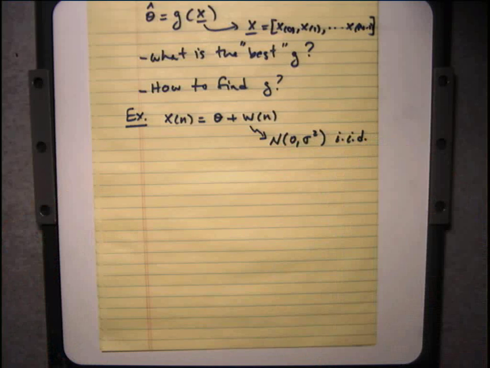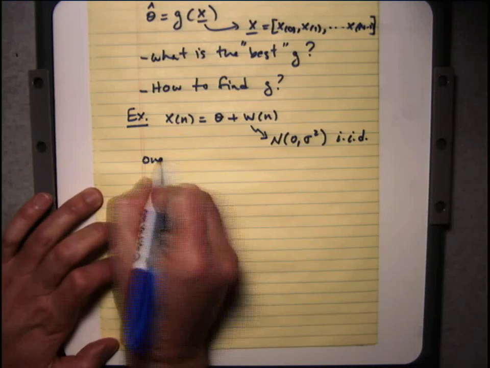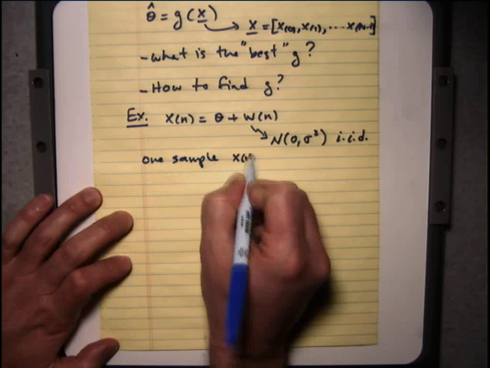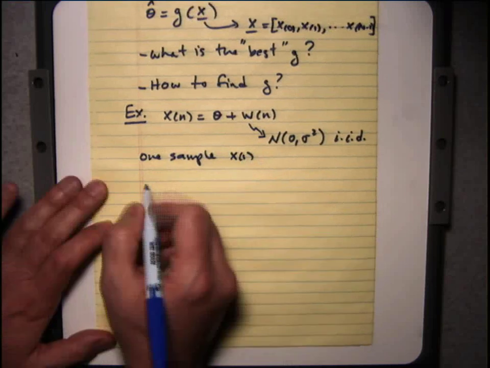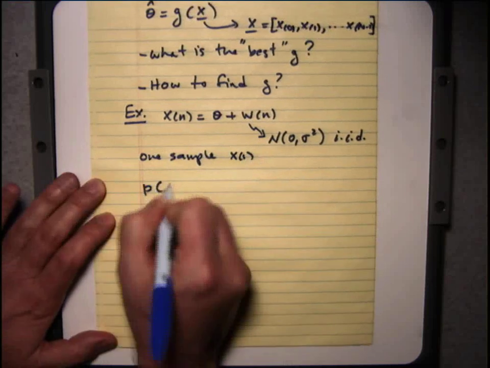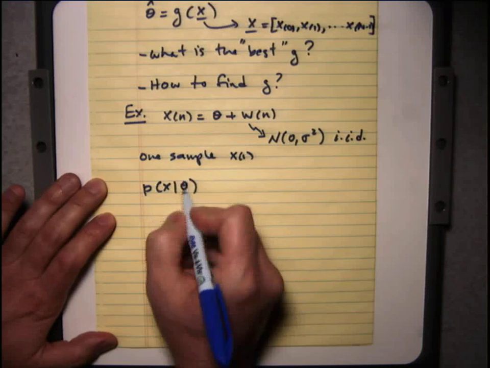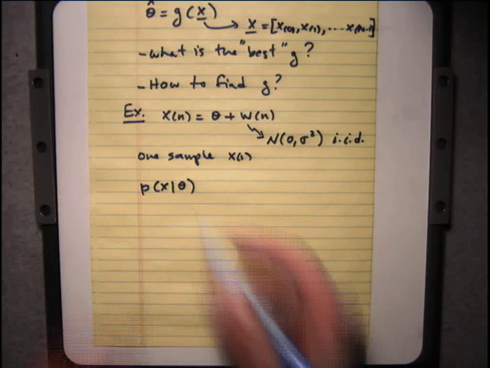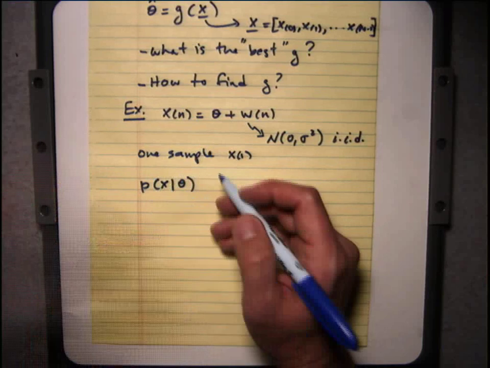Okay, so now for the simplest case, let's say you just have one sample. Let's call that just X1. Now let's take a look at what the probability density is for this one sample here, given some value of theta. I'm writing this as a conditional because I'm going to assume that this distribution is going to be parameterized by the values of theta, which I don't know.